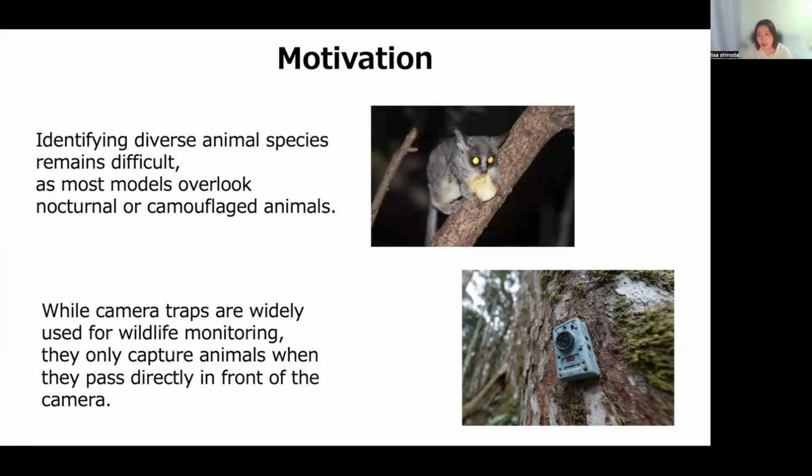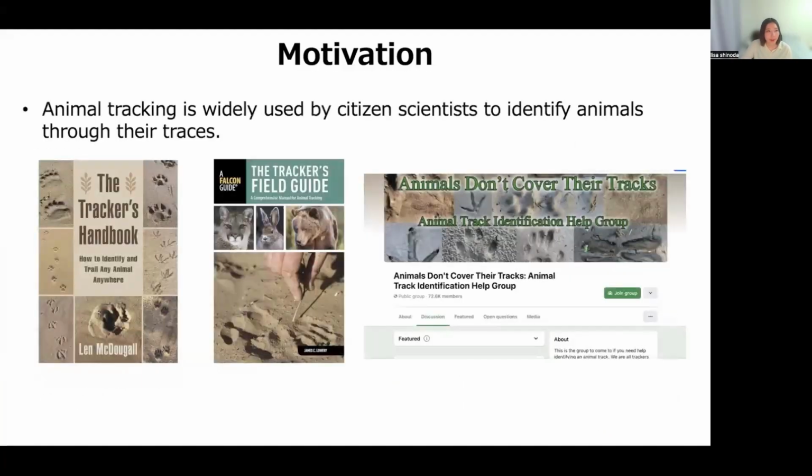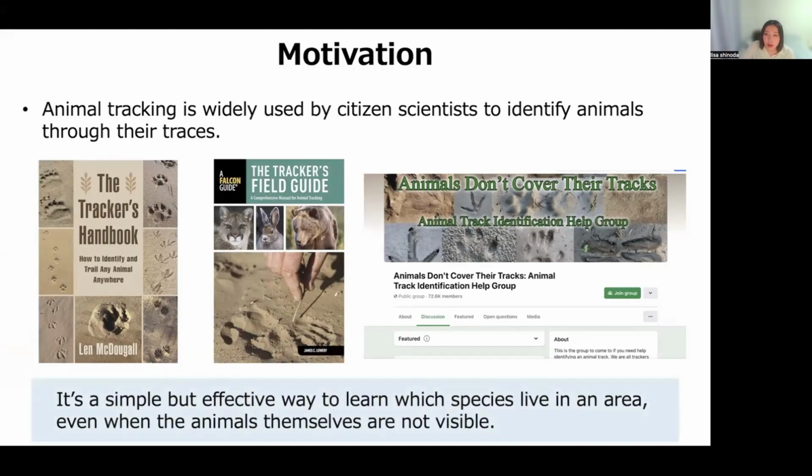This means that even if animals are nearby, they won't be recorded unless they walk right in front of the sensor. Citizen scientists often track animals by looking at the traces they leave behind. It's a simple but effective way to learn which species live in an area, even when the animals themselves are not visible.